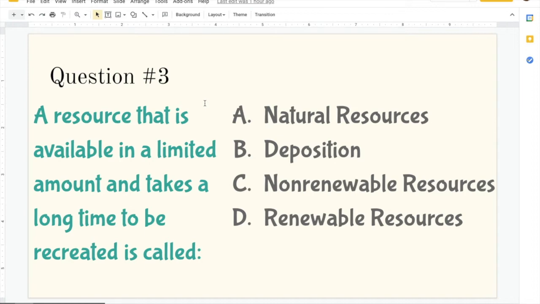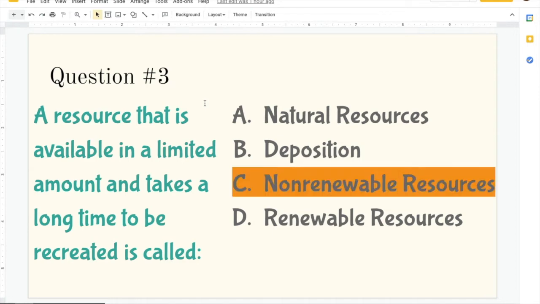Let's answer that question on Edpuzzle now. If you said non-renewable resource, that is correct. Non-renewable resources are resources that are available, but only in a limited amount, and they take a very long time to be recreated. That is a non-renewable resource.